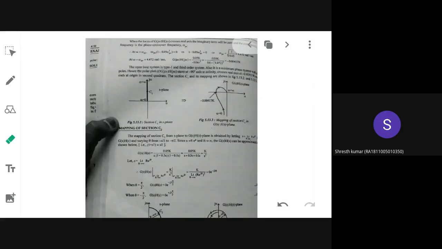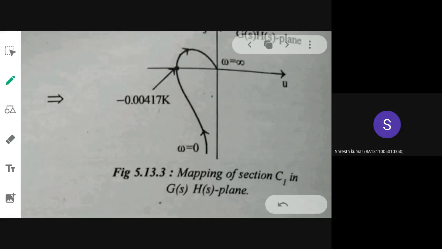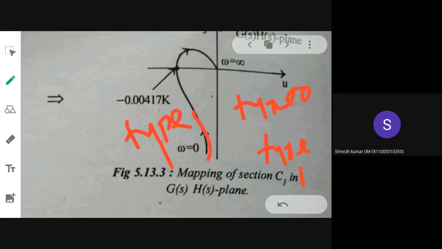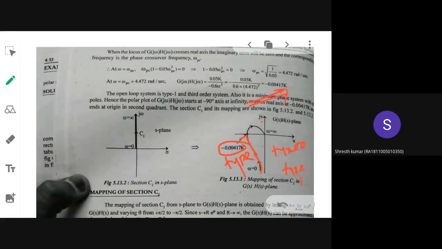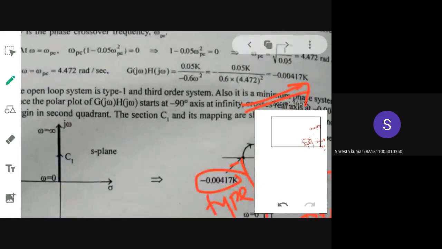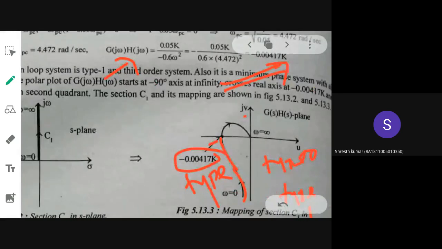So this is your polar plot, that is a map. Where the plot starts is decided by the type, which is 1. So this is the type 0 quadrant, this is the type 1 quadrant, so the plot is made to start over here. Somewhere it will cross the real axis, which was found just now by substituting omega PC in your real part. You have to mark that as a crossing point.